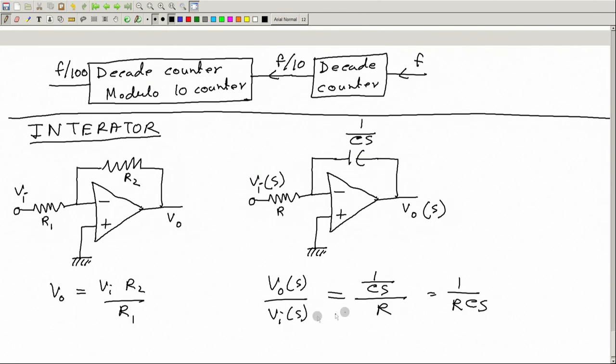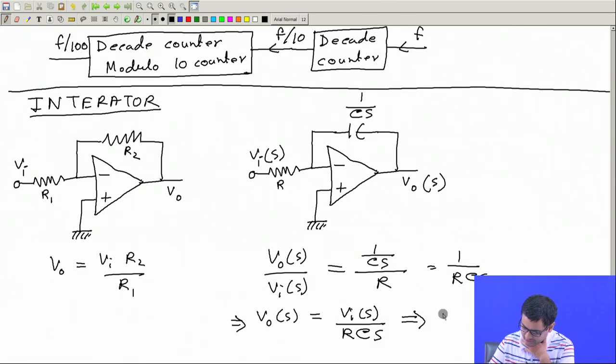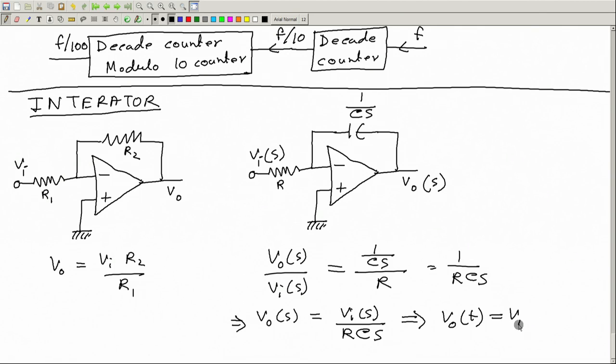Now, from this you can write Vo(s) is equal to Vi(s) divided by RCs, and if you know Laplace domain calculations, from this you can show that Vo in the time domain will be Vi in the time domain divided by RC integrated from say t0 to time t, plus the integration constant which will be Vo at t0. Okay.